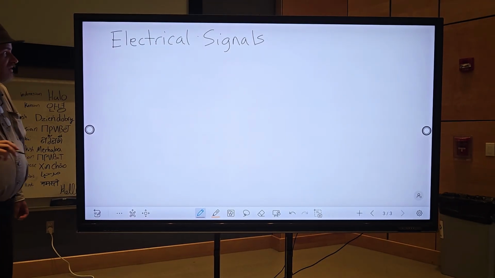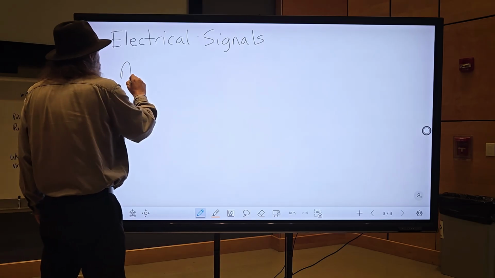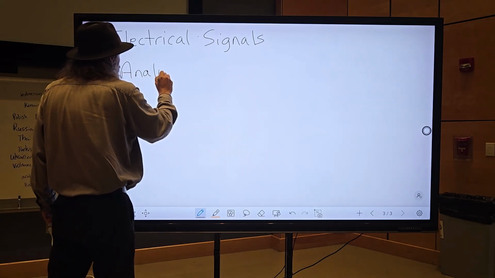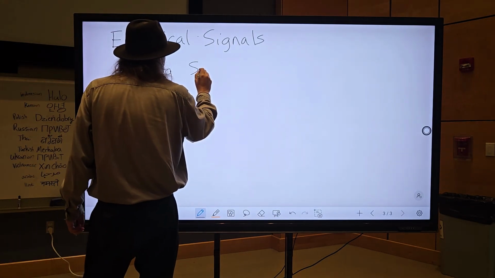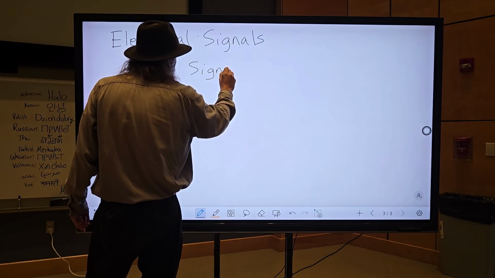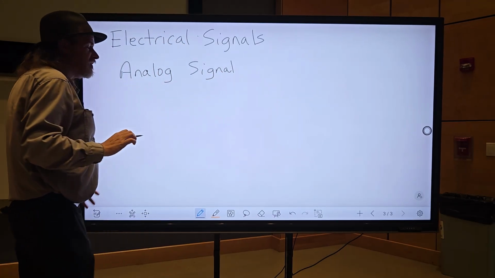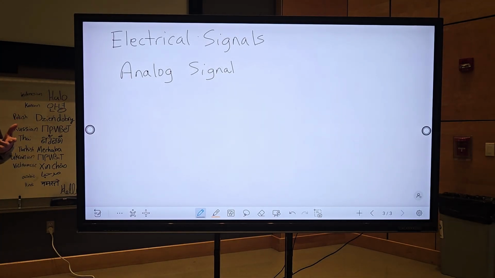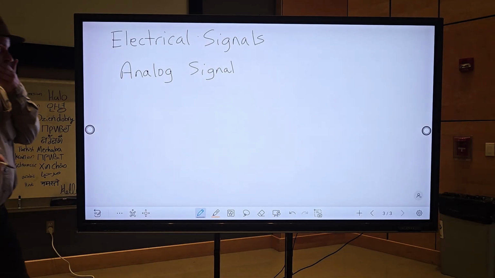The first would be the analog signal. This is kind of similar to the alternating current of your power supply.